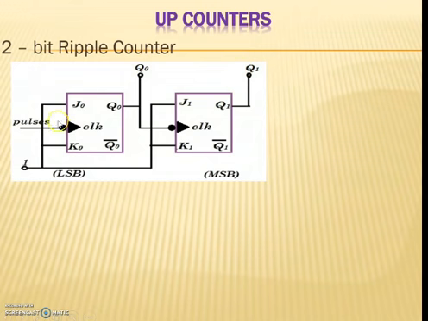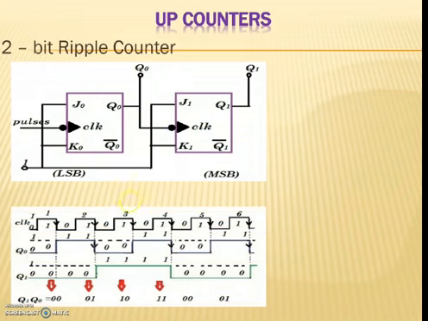Here the clock pulse, with the symbol of negative edge triggering, the external clock pulse, is given only to the first flip-flop, and the output Q0 of the first flip-flop drives the clock of the second flip-flop.